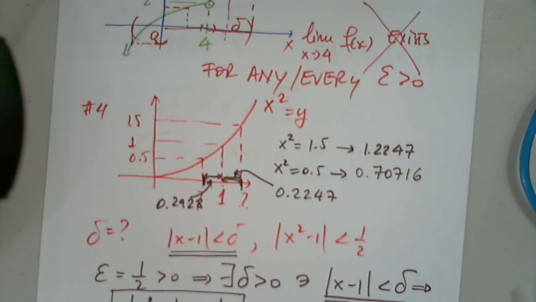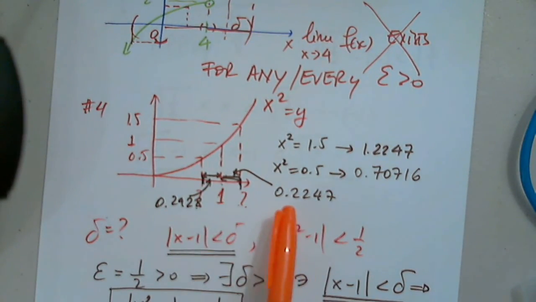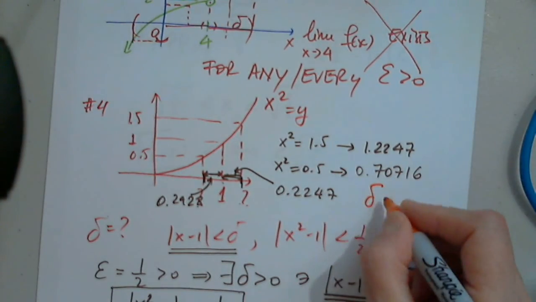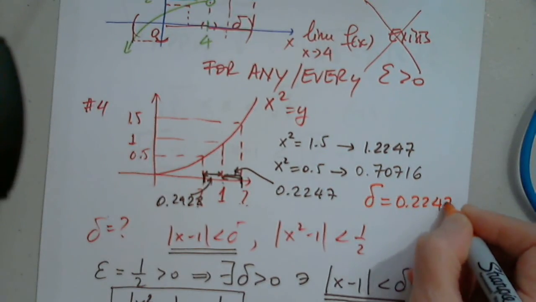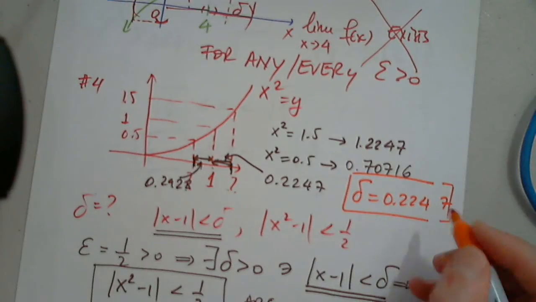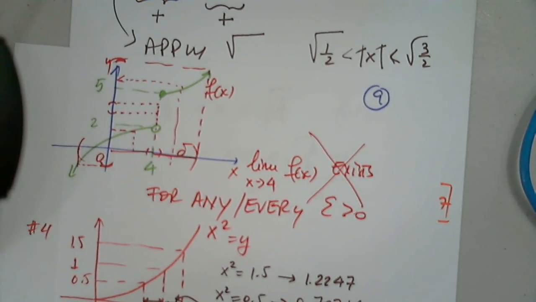That's not our choice. So one possible delta is 0.2928, and one possible delta is 0.2247. Which one must be the one we choose? 0.2247. So we already know the delta is 0.2247. Oops, I went to the other page. Okay, so it's 0.2247.